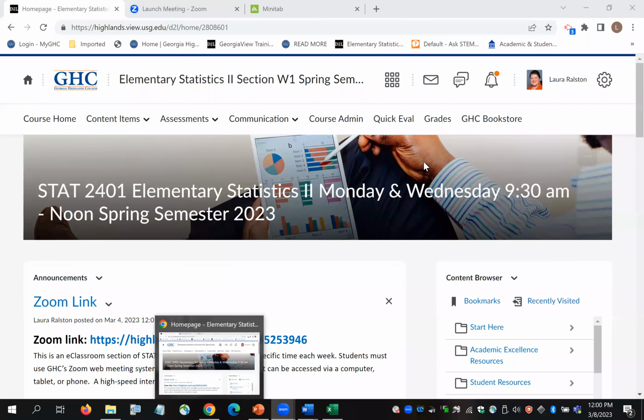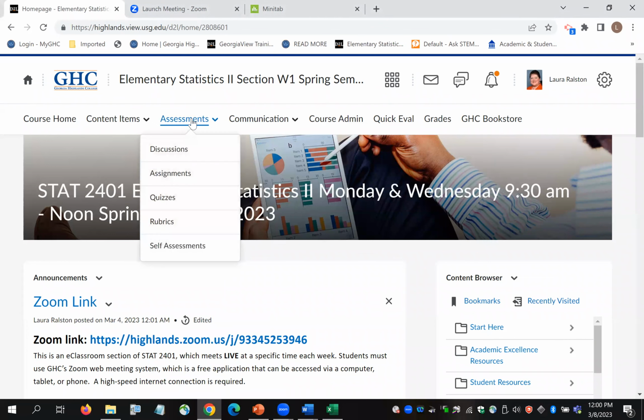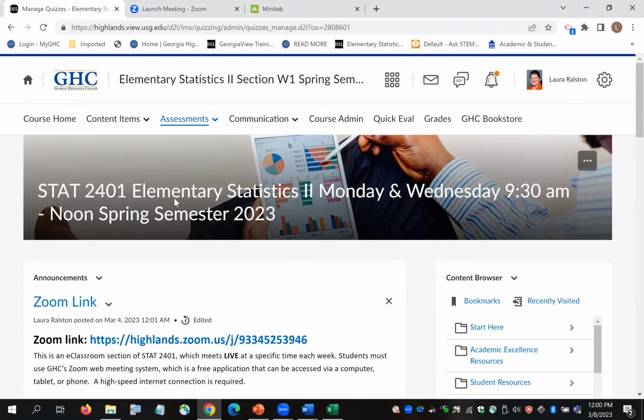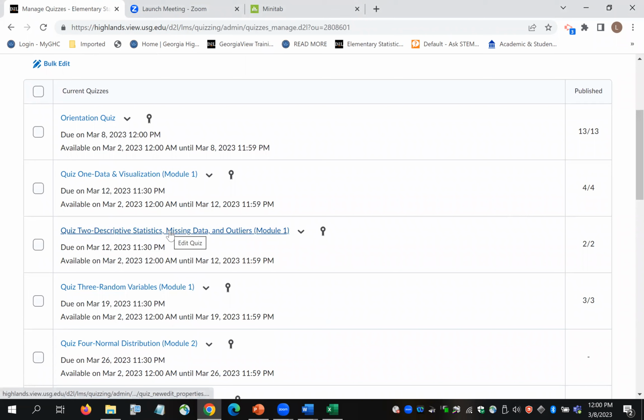You can find them in a couple of different places. The easiest place to go is, let me share my screen real quick. If you're in D2L, go to Assessments, Quizzes, and then you'll see Quiz 1, Quiz 2. It's going to be information and example problems related to the content on the PowerPoints and our discussions.